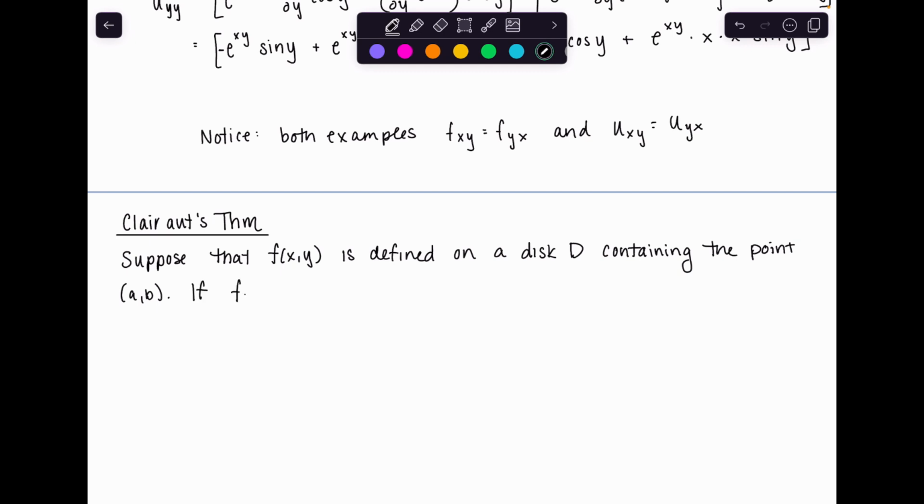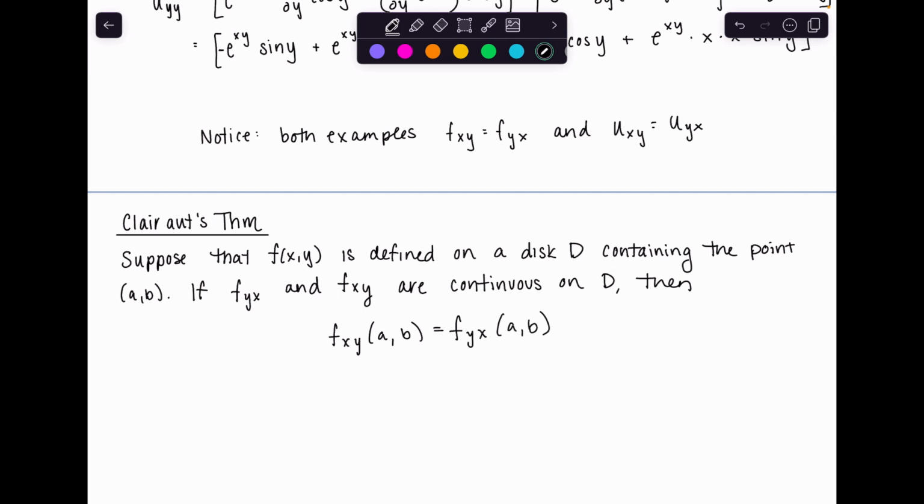If these mixed partials are continuous on D, then those mixed partials better be equal to each other at that point, and really all points in that disk. Okay. So again, this better happen to be a nice function.